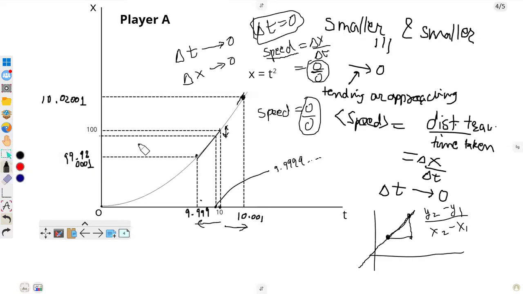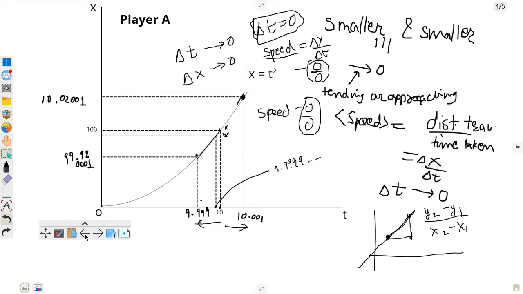let us study more about the graph. But I'll not talk about player B particularly. Let's study more about this specific graph of x is equal to t squared. When we backtrack the behavior of x versus t for player A, it turned out that its graph was the graph of x is equal to t squared.